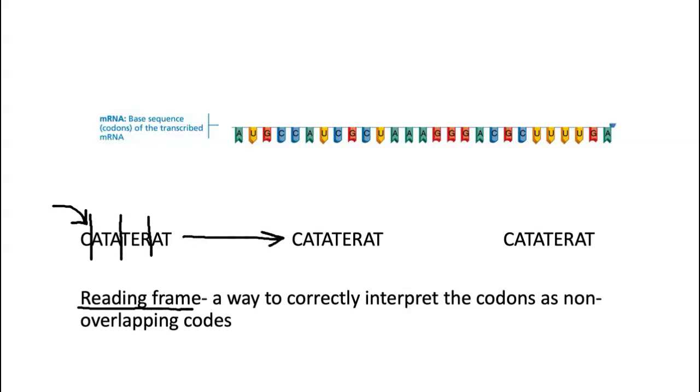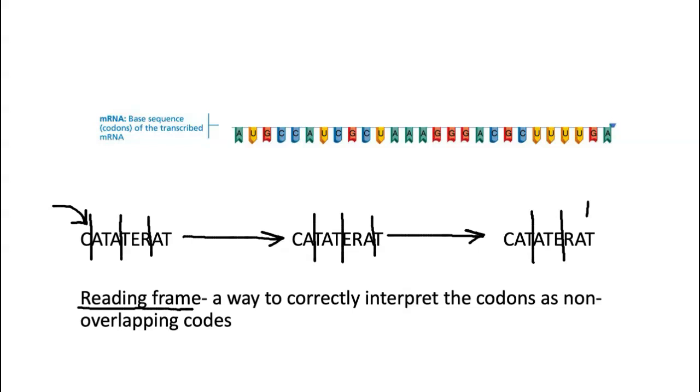So that's one reading frame compared to, let's say, if I skipped over the CA and then I started reading 3 at a time after that. And that's a different reading frame than if I just started at the beginning and read the first 3, second 3, third 3. And so what I did, you can see I made a sentence, cat ate rat.